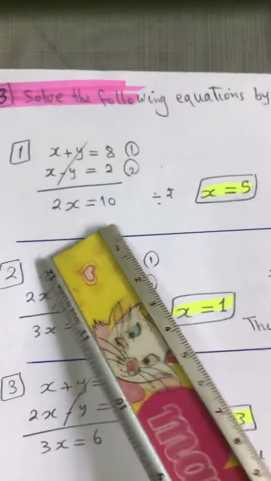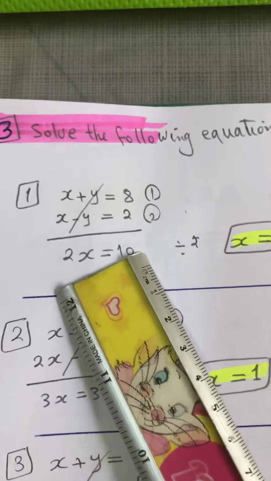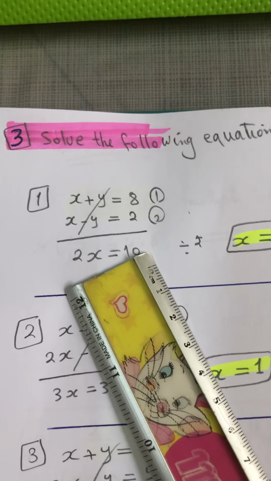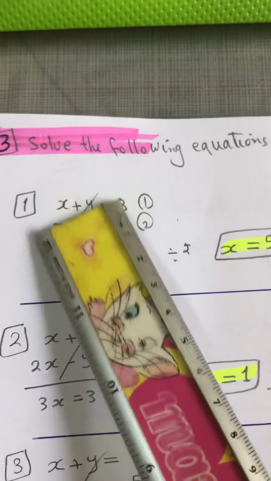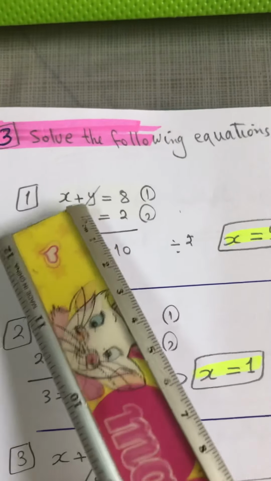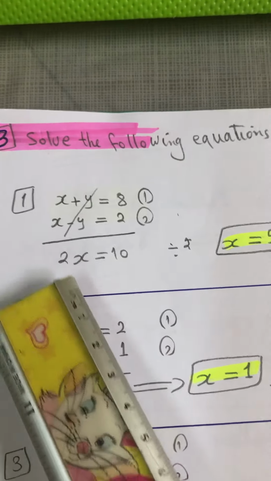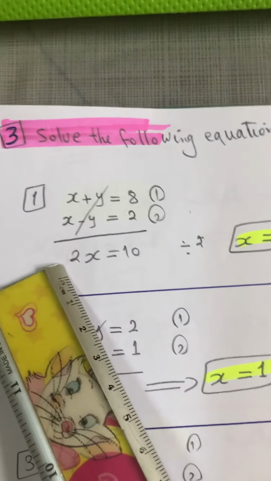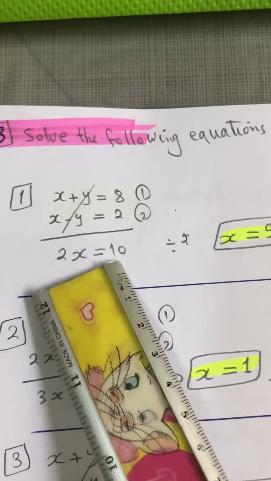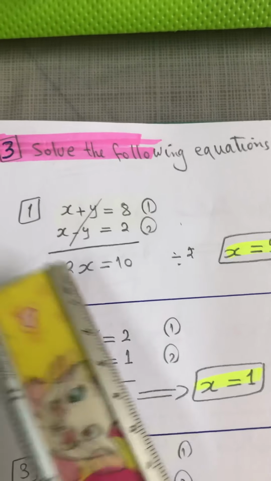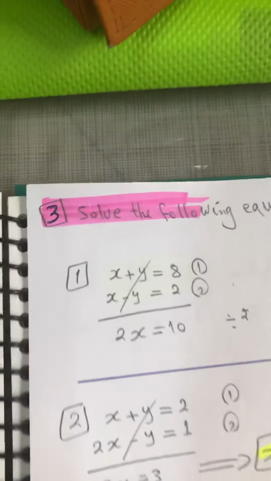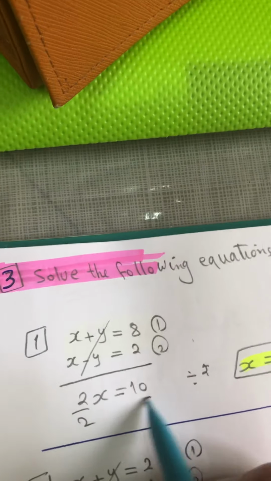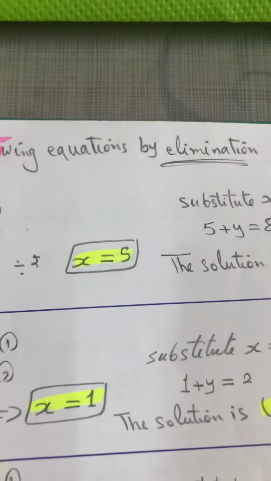By elimination, in the beginning, I have to label the equations, which is 1, which is 2, and then add. When I add, I cancel y positive with y negative. What I have is 2x equals 8 plus 2 equals 10. Divide by 2 both sides to get just 1x, so x equals 5.